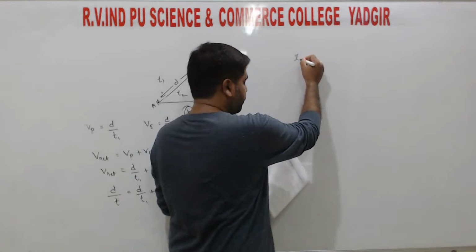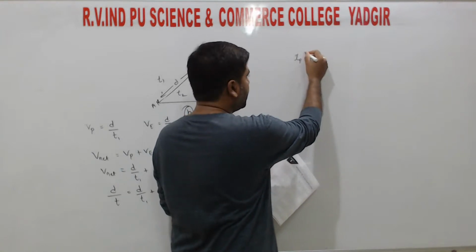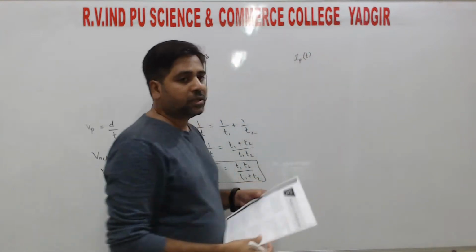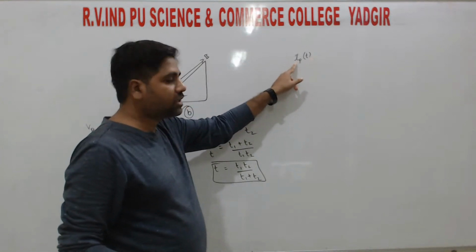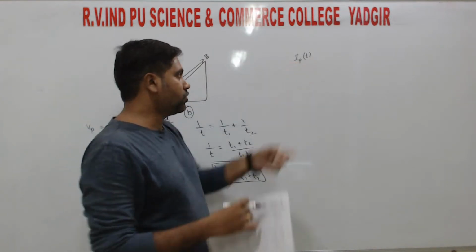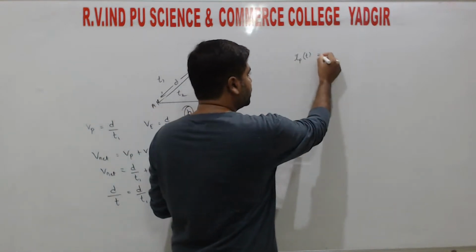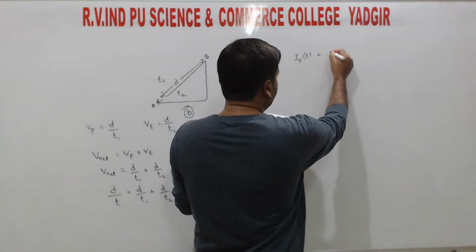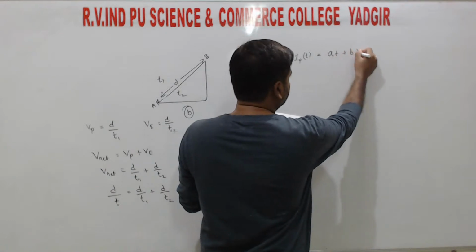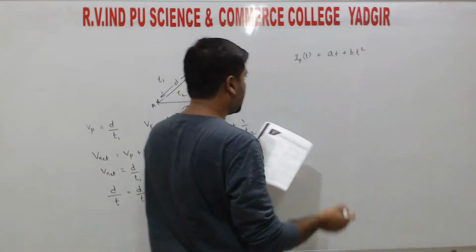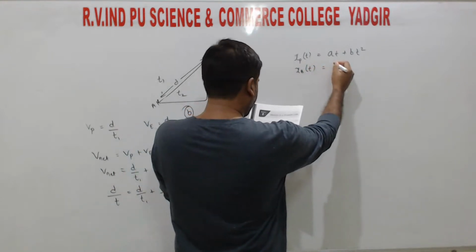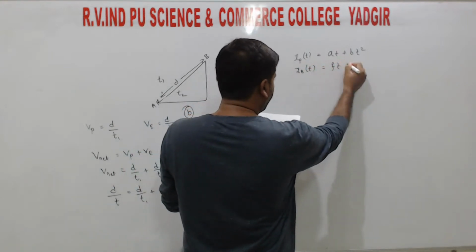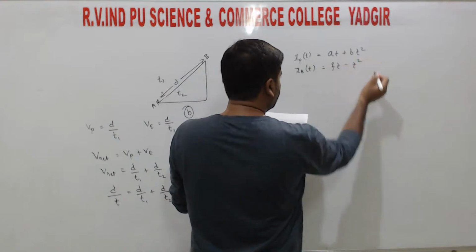So xp of t, that means the distance relates with the time. So as time changes, what happens to the distance? The distance also changes. So that is given in the relation, at plus bt square and xq of t equals ft minus t square.